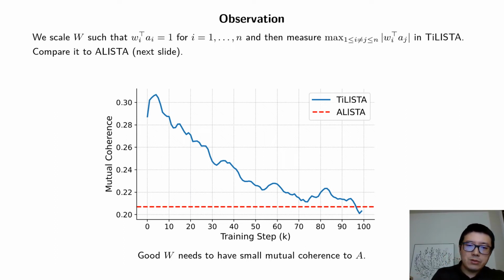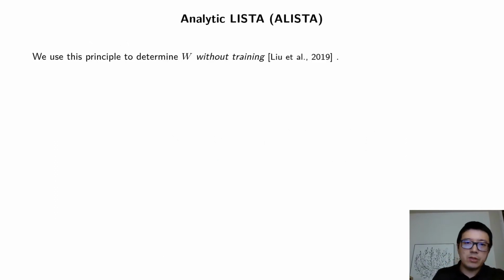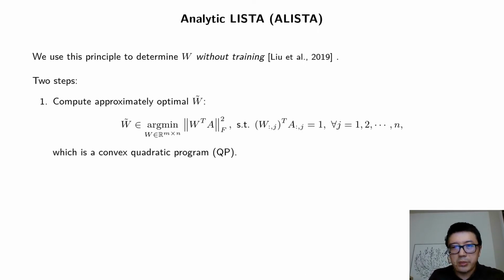And that is called A-LISTA, where A stands for analytic LISTA, which is a new paper that we published in ICLR, which actually received one of the best review evaluations at ICLR. So A-LISTA basically determines W without training.